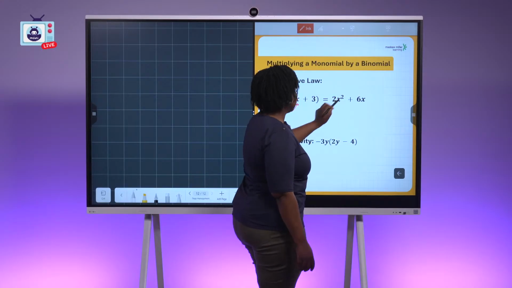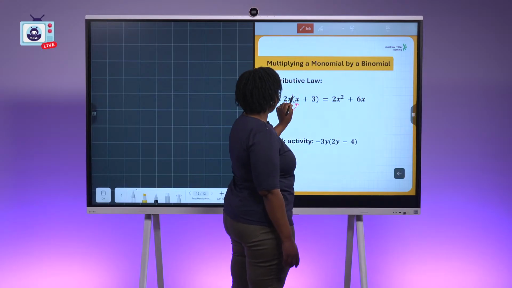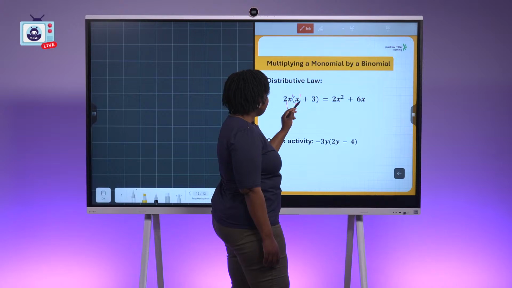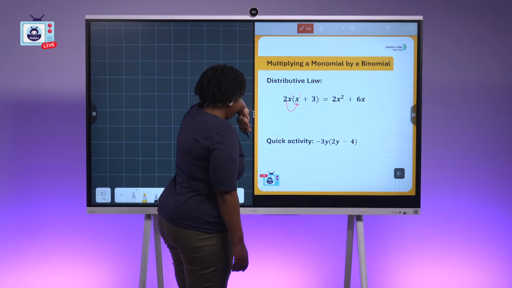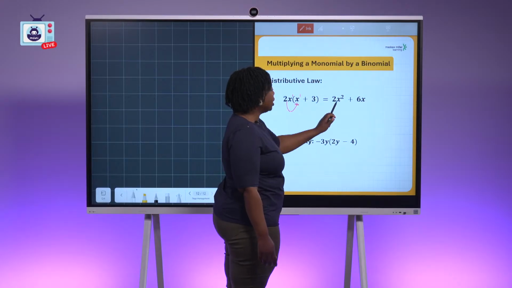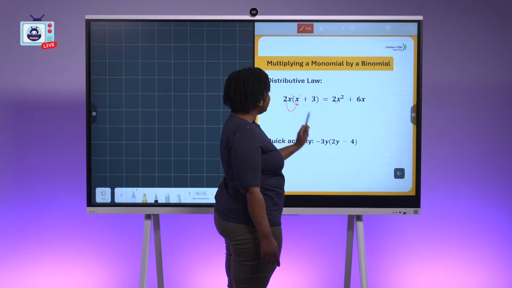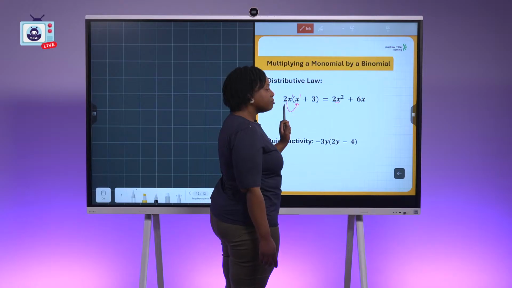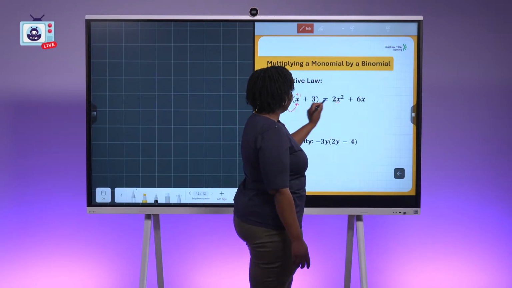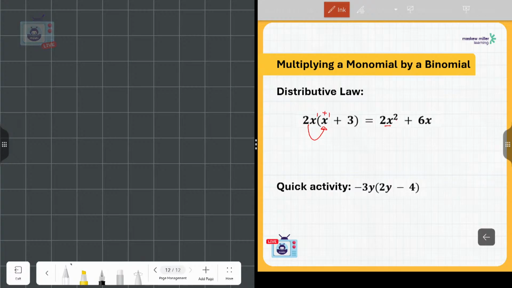Please note, the 2 comes from the exponents of 1 on each and every x. So when we multiply the x, we keep the x, which is a base, and we add the exponents. 1 plus 1 will give us 2, right?